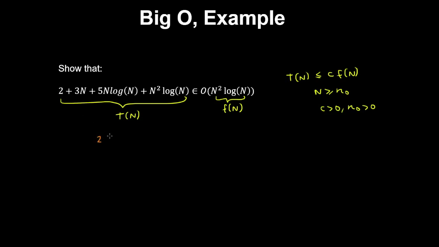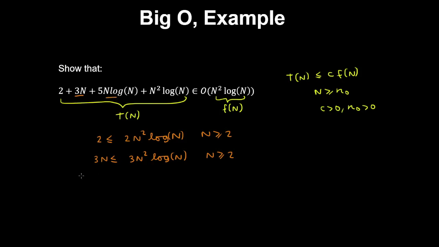So we have 2 is less than or equal to 2 times n squared log n, and this is satisfied for all n greater than or equal to 2. And we have 3n is less than or equal to 3n squared log n, and this also holds for all n greater than or equal to 2.